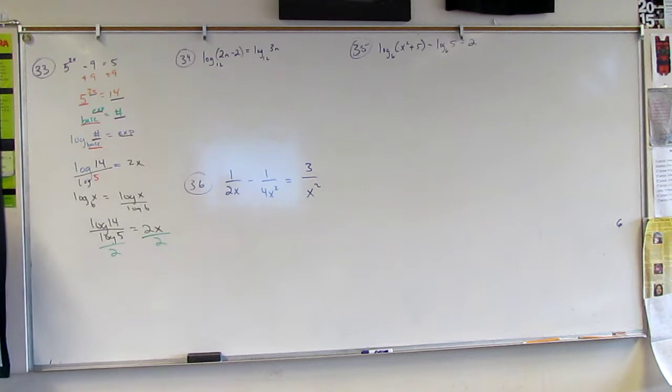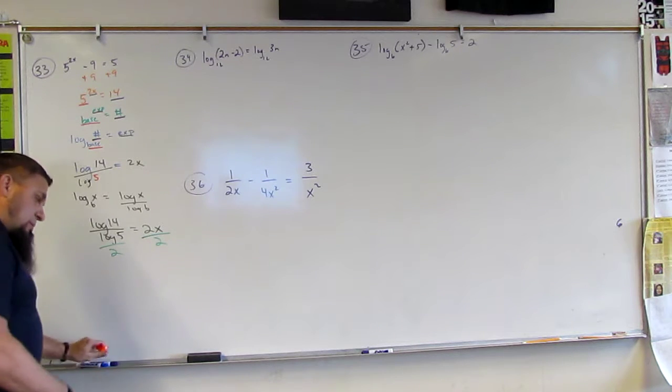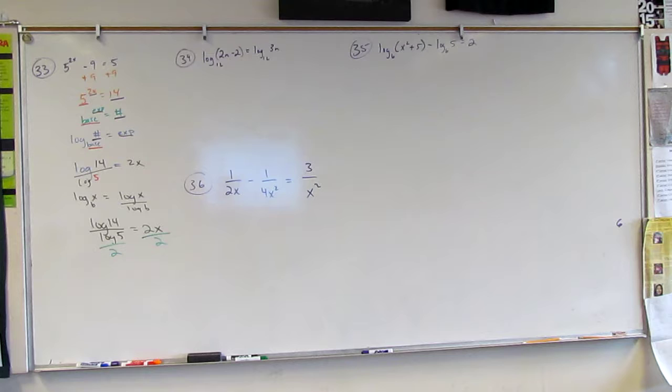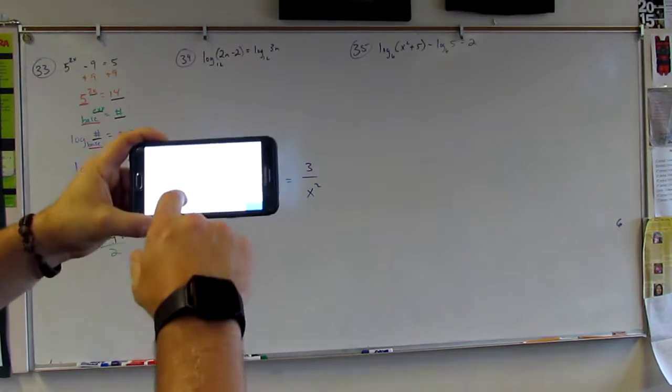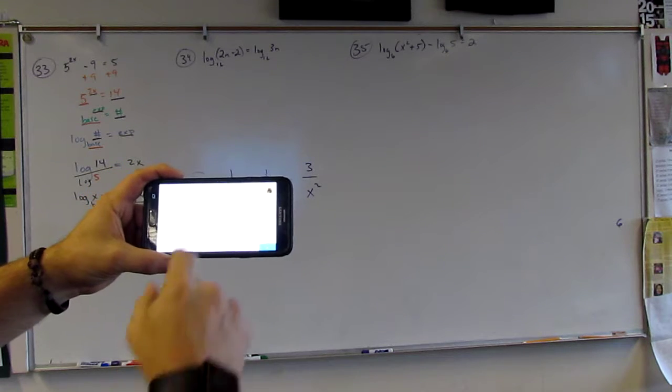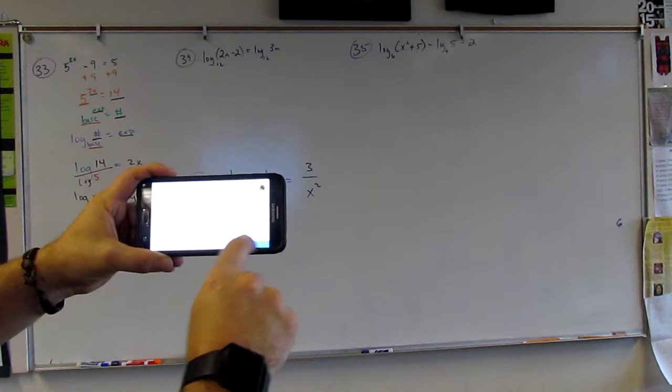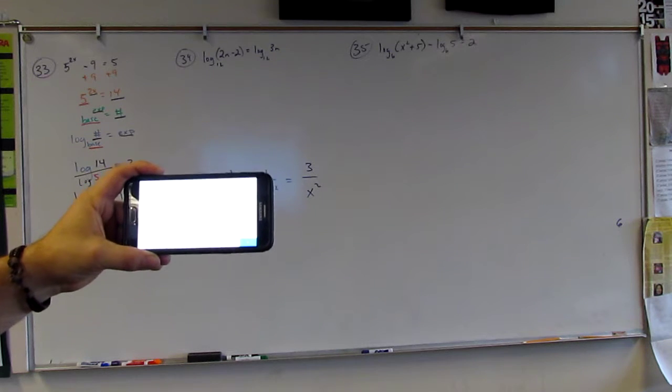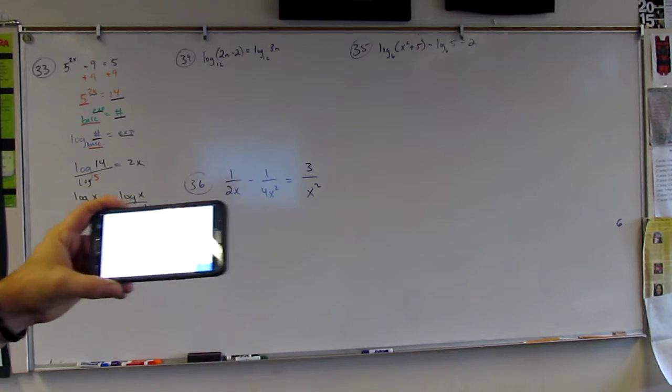Then what we got is log of 14 divided by log 5, divided by 2.